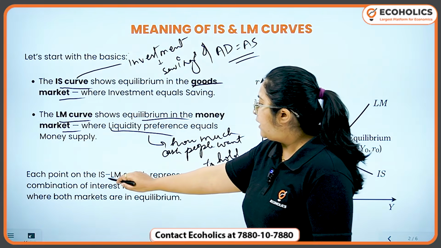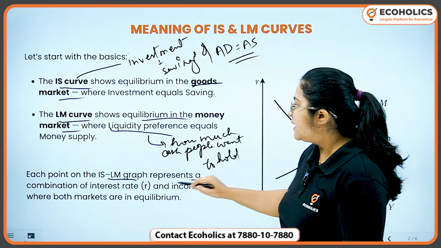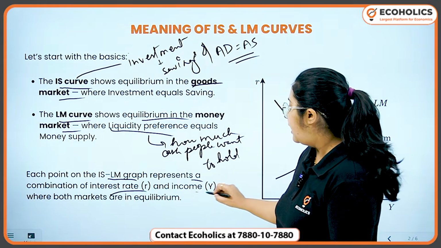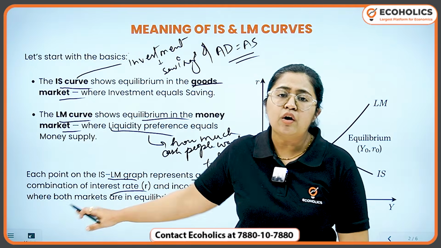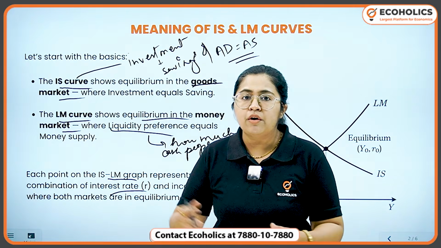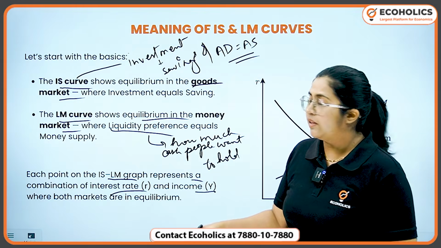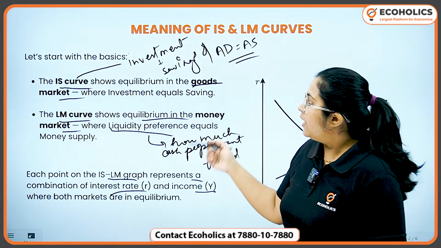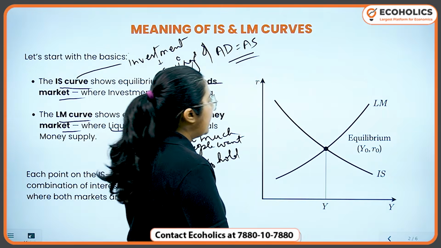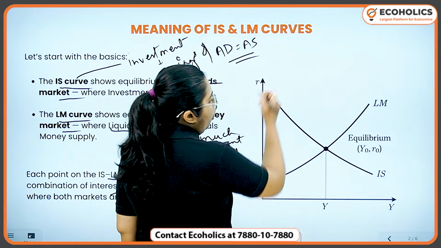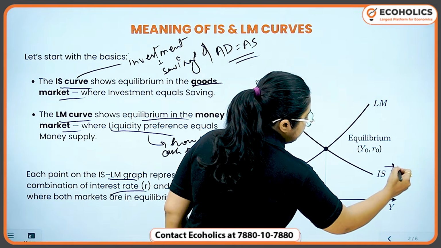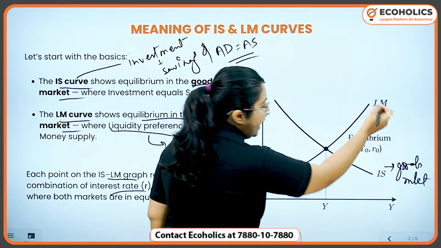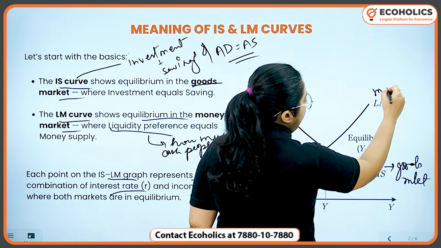Now each point on the IS-LM graph represents a combination of what? Of interest rates and income, where both of these are important for both markets, whether we are talking about the money market or the goods market, okay. Now if we look at the diagram, this is the combination of the IS curve, which showcases the goods market, and the LM curve, which showcases the money market.